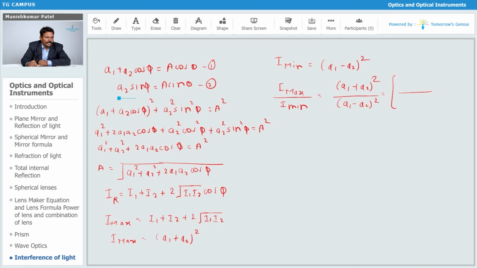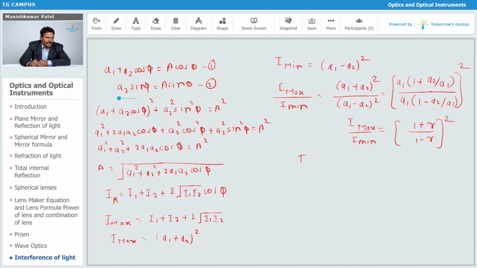Let's say if I take A1 common, that is 1 plus A2 by A1, and 1 minus A2 by A1, whole square of that. So this is (1 plus r) whole square upon (1 minus r) whole square. This is how you can find the ratio of I max upon I minimum, and that is how you will get it.